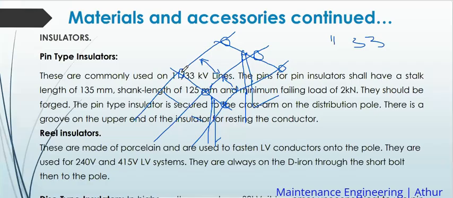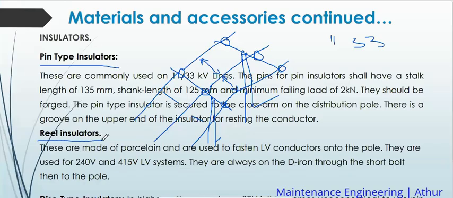They are always clay-like material, and the importance is for insulation, because they are bad conductors. When it is passing on top, remember this is a metal, what would happen? It will be a total short circuit. But now they are passing on top of these pin insulators, and these are what we call pin type insulators. Then we have the real insulators.